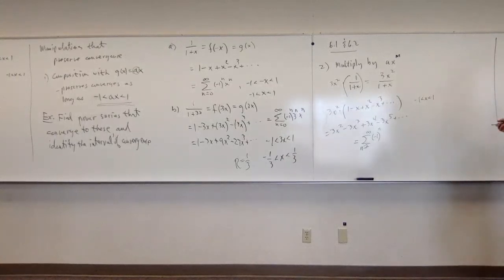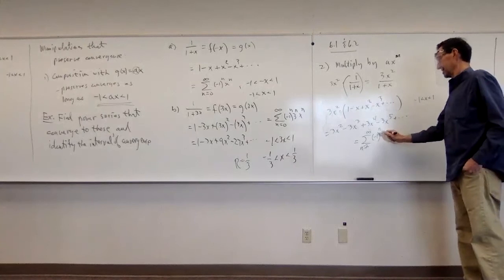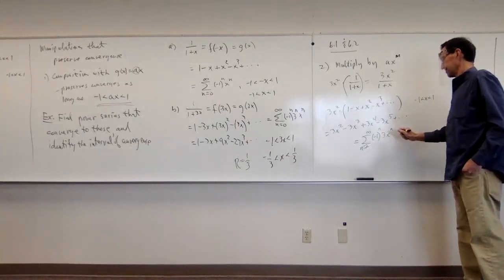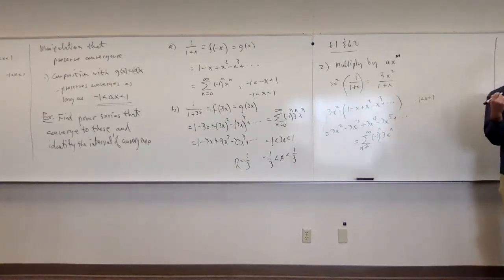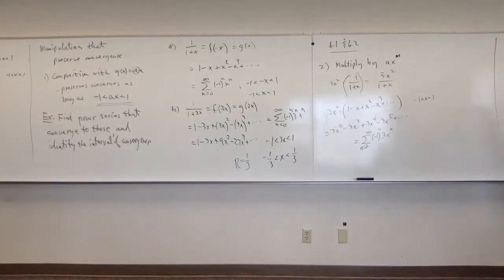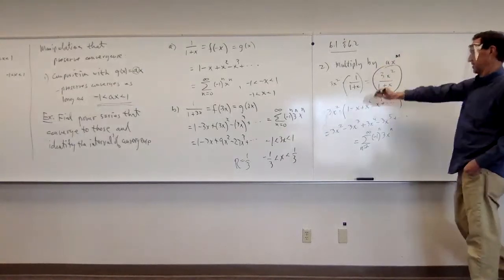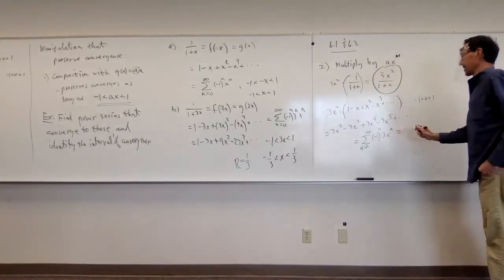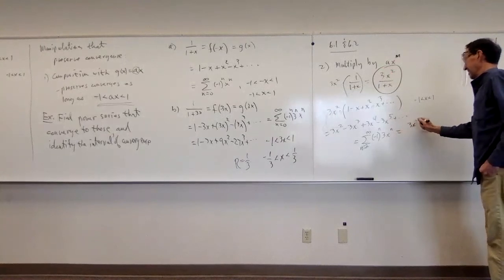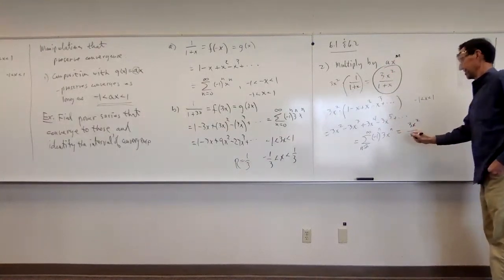And then I get a constant 3 times x to the n. And there we have it. A power series that converges to this function, as long as x is between -1 and 1.